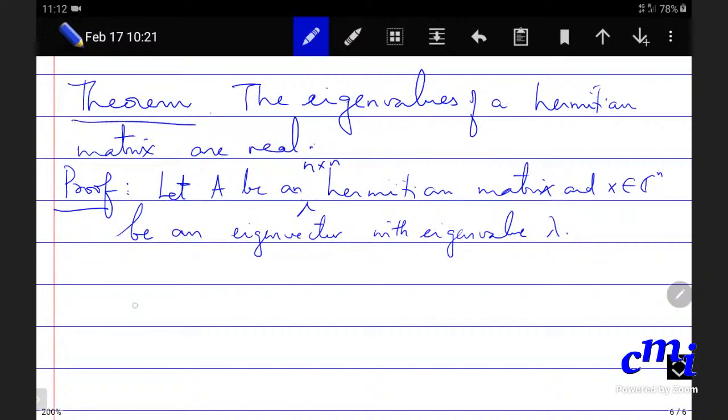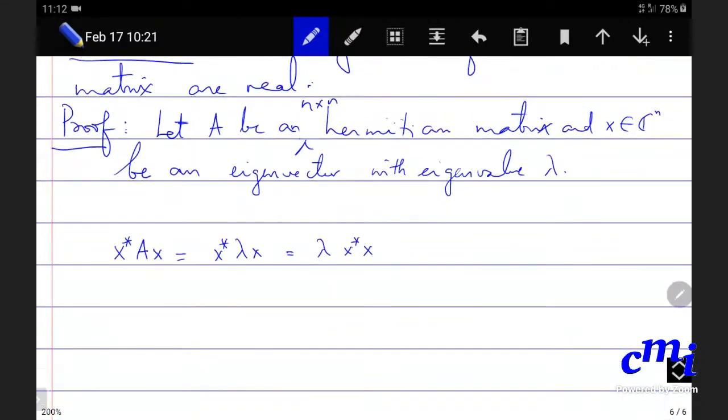Then x star A x is just x star lambda x, the eigenvalue. This is just lambda times the usual standard Hermitian product.